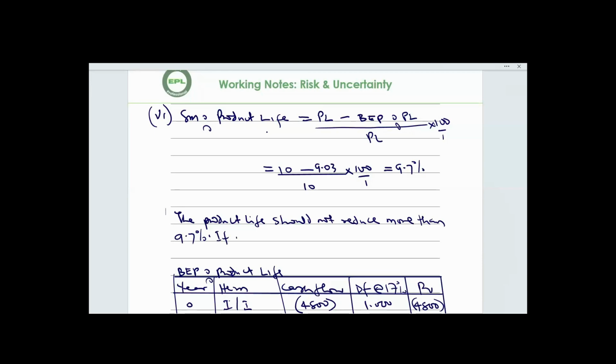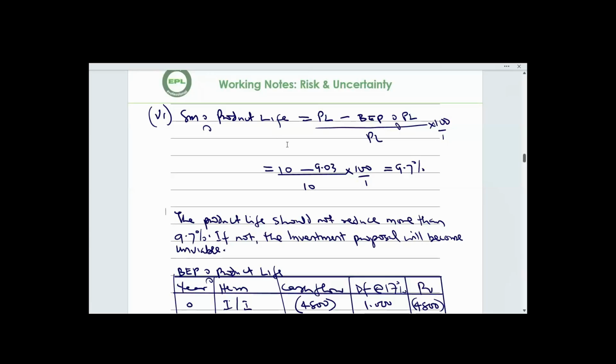If not, the investment proposal will not be undertaken or will become unviable.